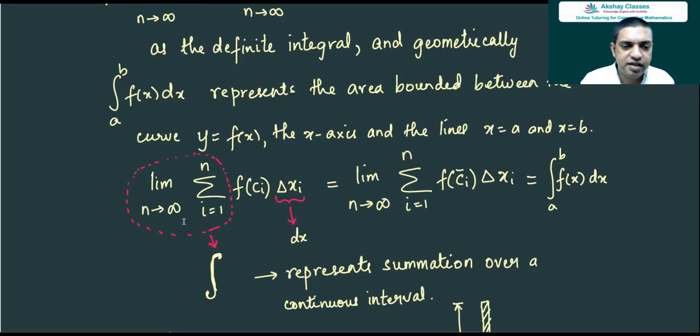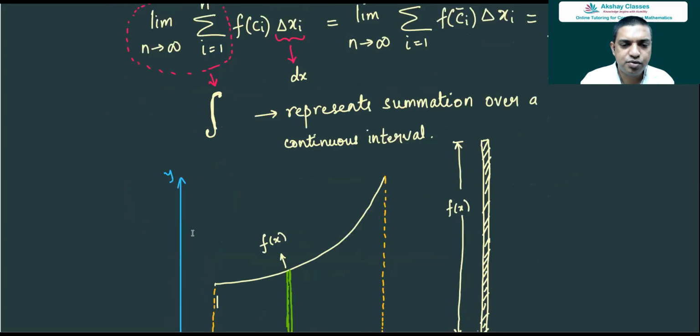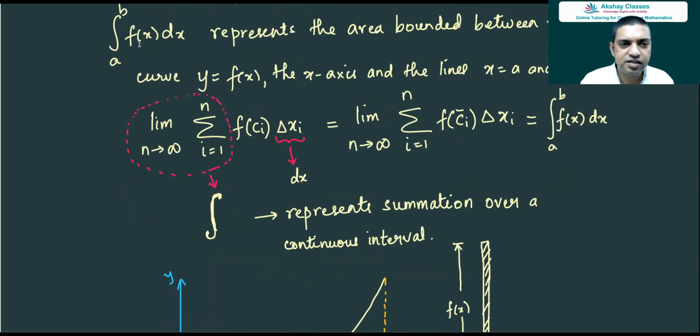So the limit n tends to infinity of sigma i equal to 1 to n is replaced by this integral sign, and this delta x becomes dx when n tends to infinity. That's how we get integral f of x dx.